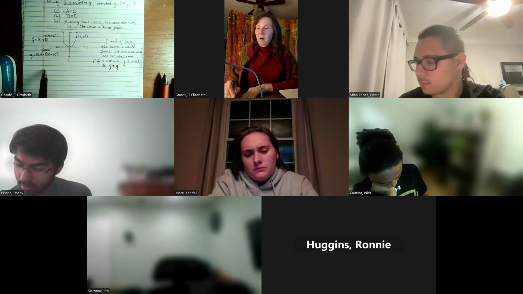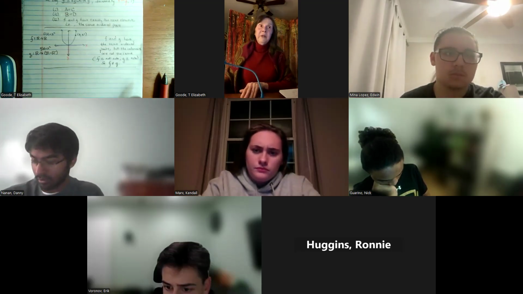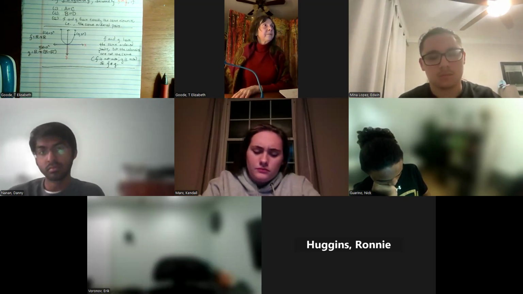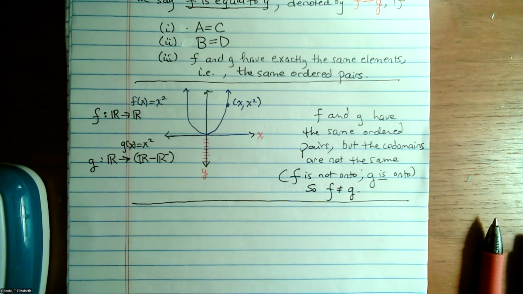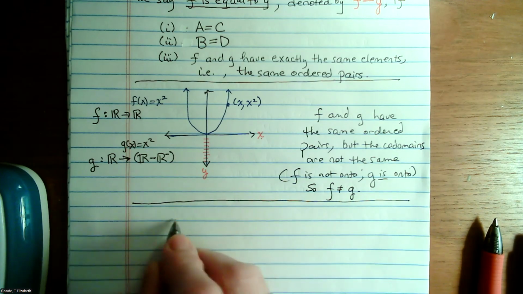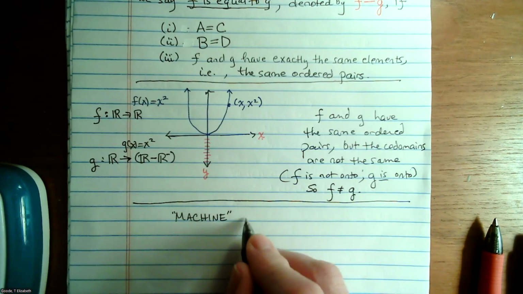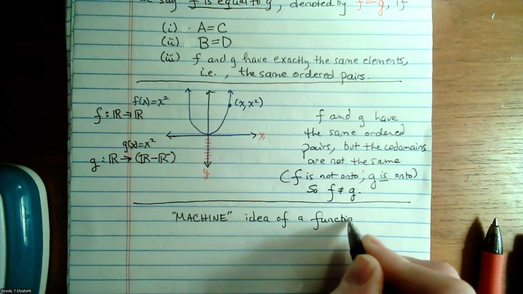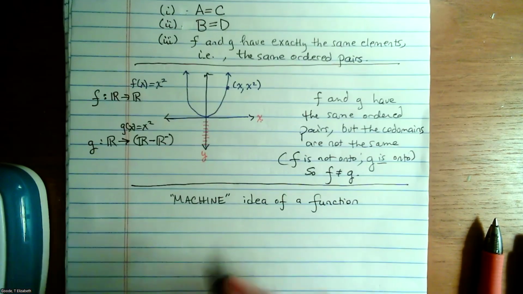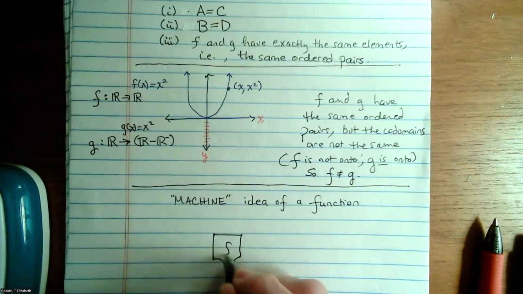So I'd like to draw a different image that views a function as an input-output machine. Okay, so here's the machine idea of a function. I think you'll like it because it's very intuitive, especially when we start composing functions. Imagine that we have a function f, and I'm going to draw it like a little monkey grinder.